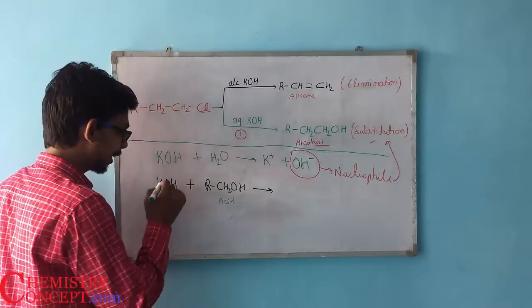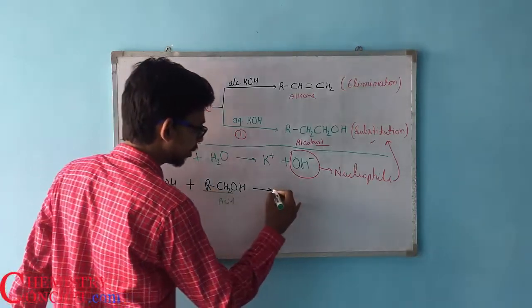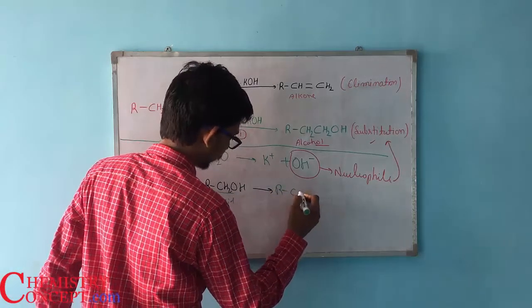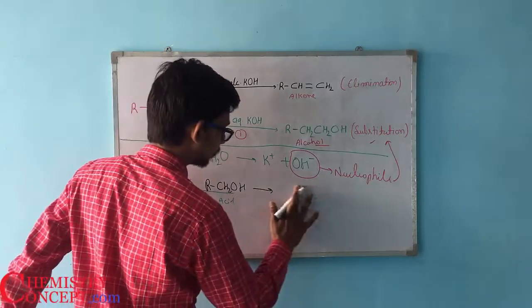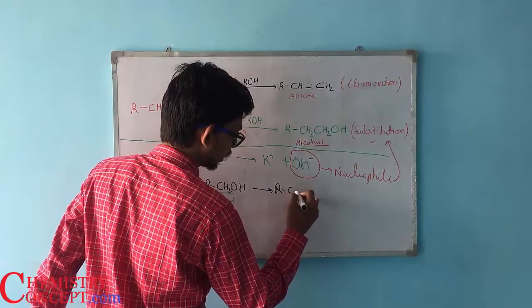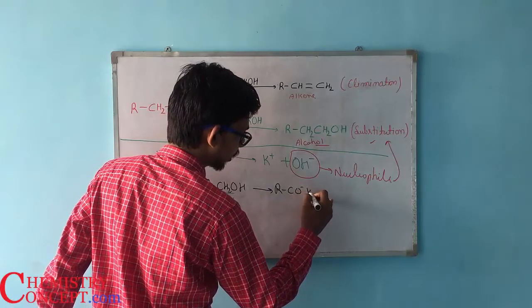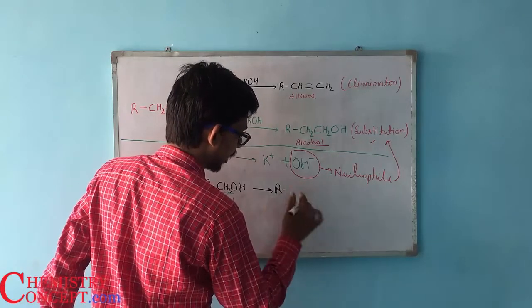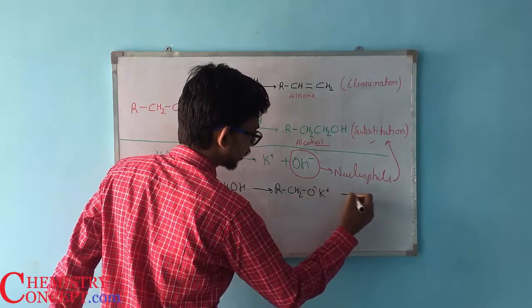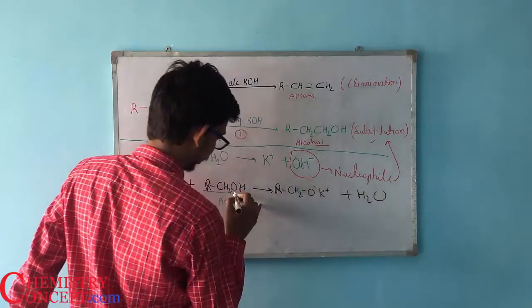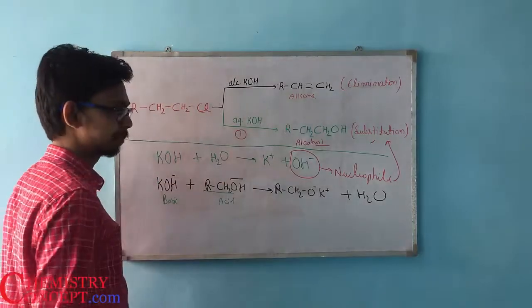So an acid-base reaction takes place, resulting in formation of the salt RCH2O negative, K positive, plus H2O; this OH and this H come together.